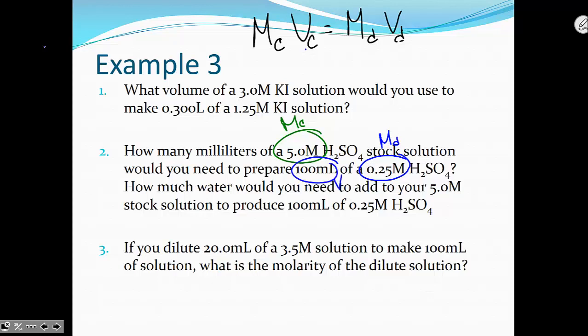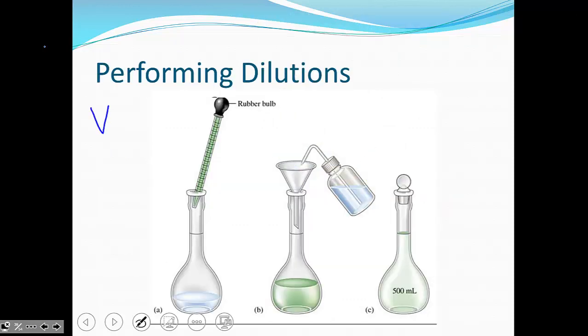So this must be the volume of my diluted solution. If I want the volume of my concentrate, I can divide by the molarity on both sides to give me the volume of the concentrate would be the molarity of the dilution times the volume of the dilution divided by the molarity of the concentrate.